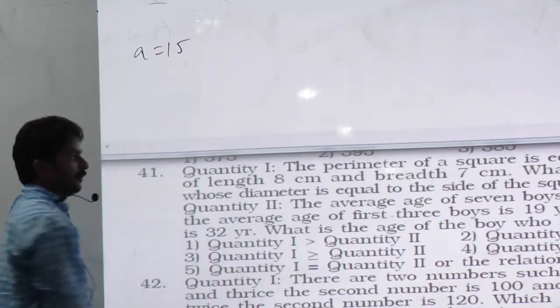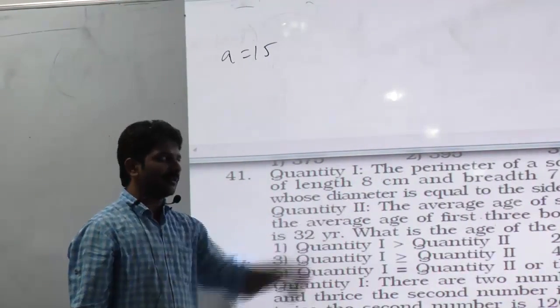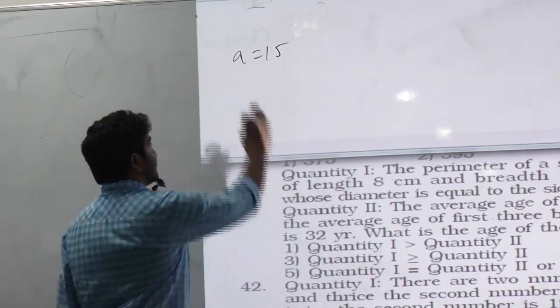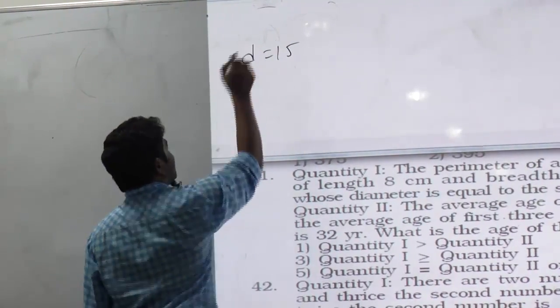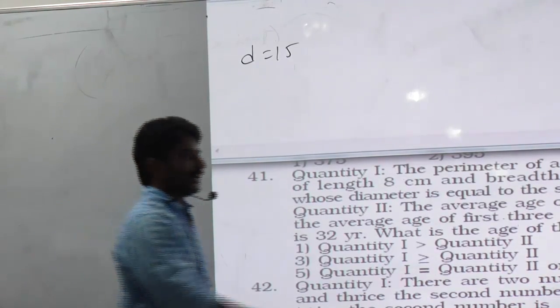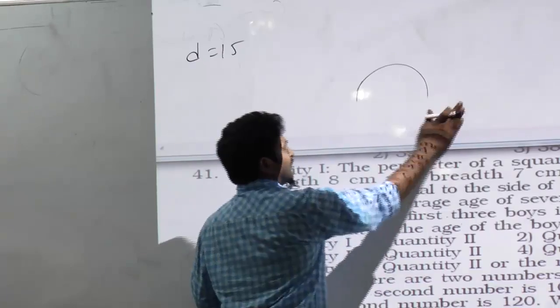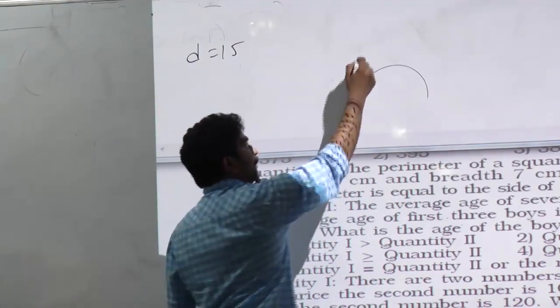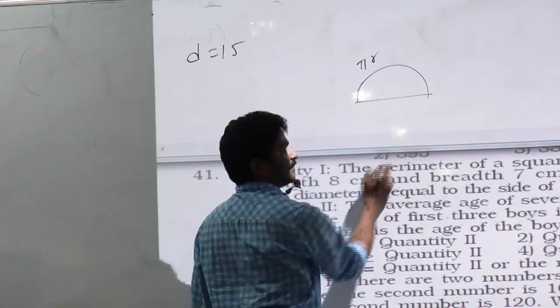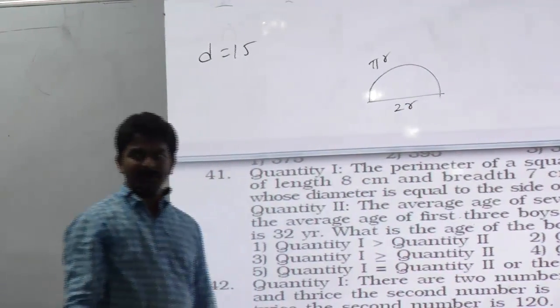Now what is the other information? What is the circumference of a semicircle whose diameter is equal to the side of the square? Side of the square is equal to diameter, and you are asked about perimeter of semicircle. If it is a full circle, what is perimeter? 2 pi r. Here it is pi r and then d, which is 2r. Yes or no?